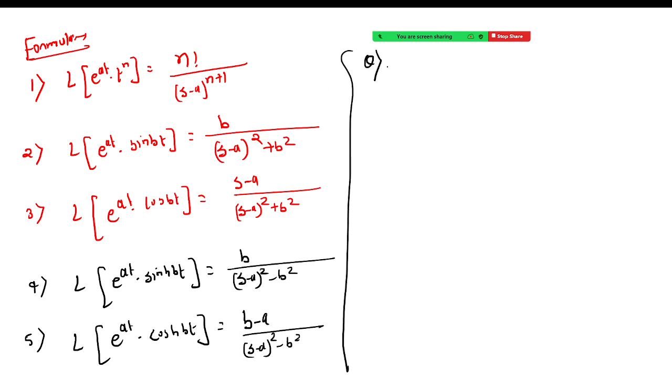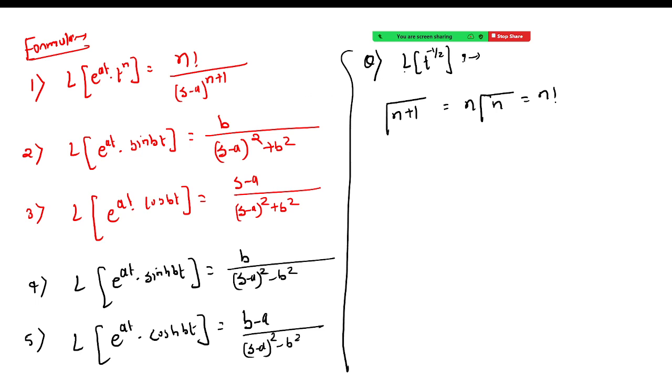One very important question is how to calculate Laplace of t to the power minus 1 by 2. I told you one formula: gamma of n plus 1 is equal to n gamma n, that is equal to factorial n, right?